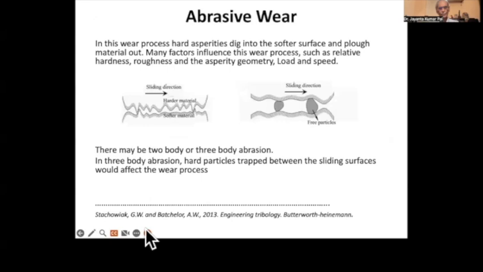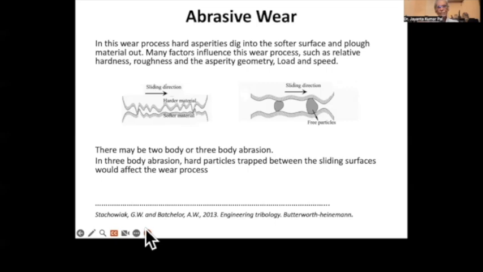Now, we go from adhesive wear to abrasive wear. Again, we have discussed abrasive friction. Abrasive friction is basically hard asperities of one surface digging into the soft surface of the other body and plowing out material.